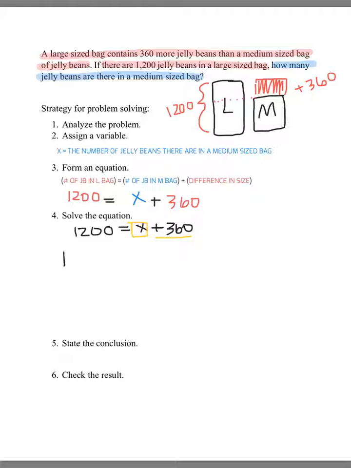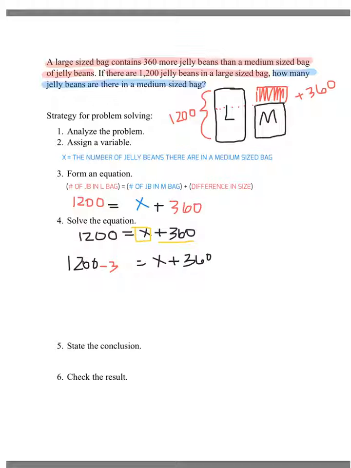So we're going to have 1,200 is equal to x plus 360. And as stated, we're going to have to subtract 360 from both sides of the equation.